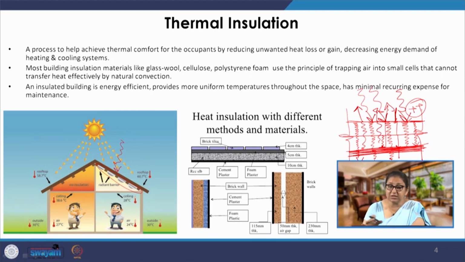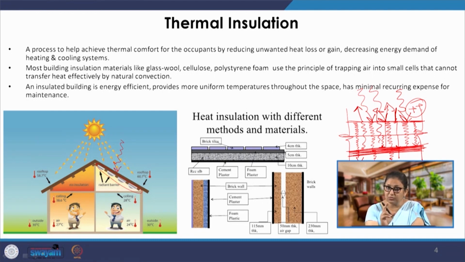Now, this is required if we are preferring cooling, in a warm climate where we want the interiors to remain at a cooler temperature. What if we are looking at cool conditions outside, and there is more heat inside? In that case, we want the heat to be retained inside, so that the reverse does not happen during the night. So, in that case also we will have to insulate.